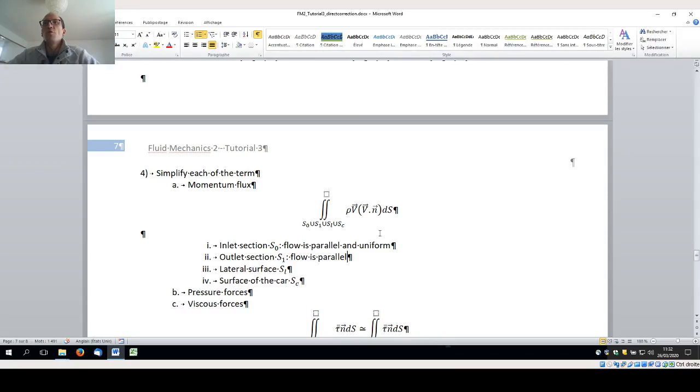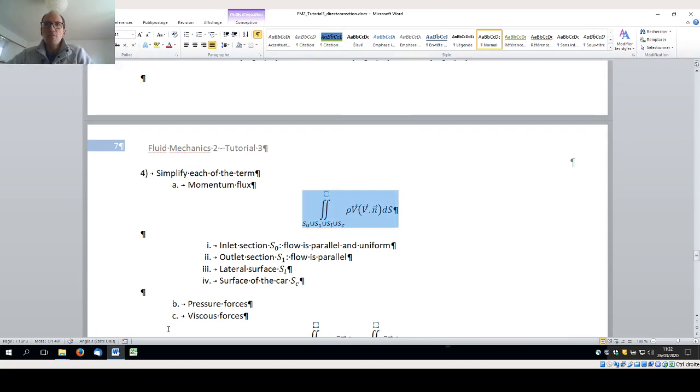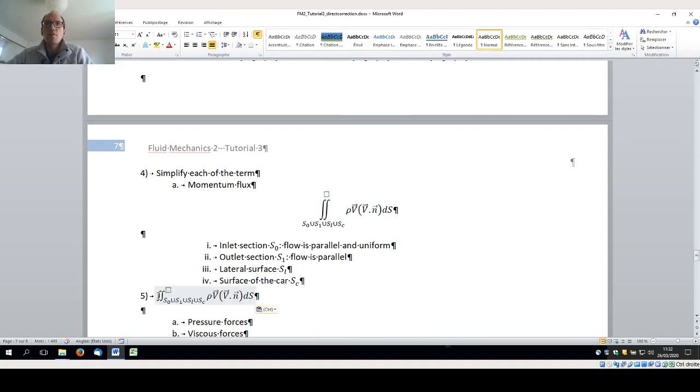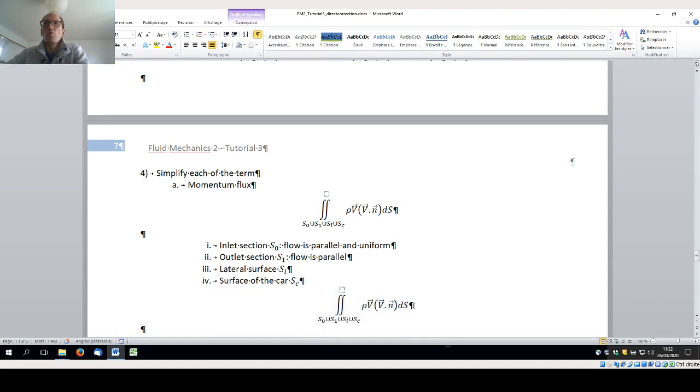If the flow is parallel, the scalar product with the normal gives you the velocity v0, and here the flow is even uniform, so the velocity is the same throughout the whole surface. So this term simplifies greatly.